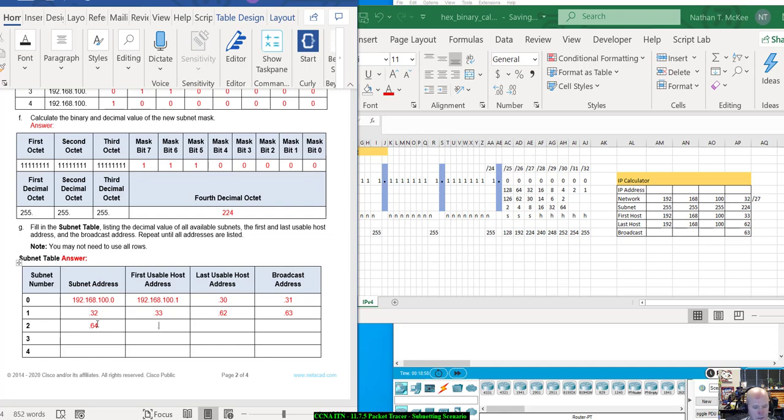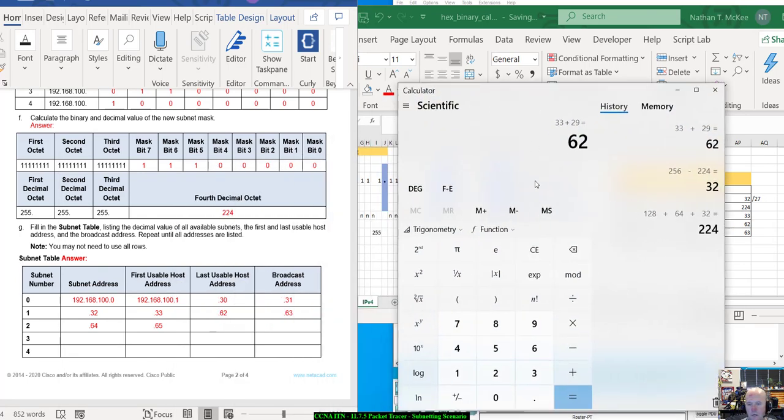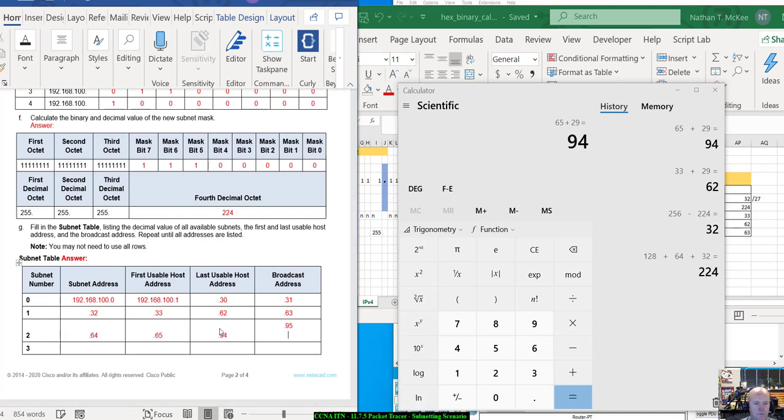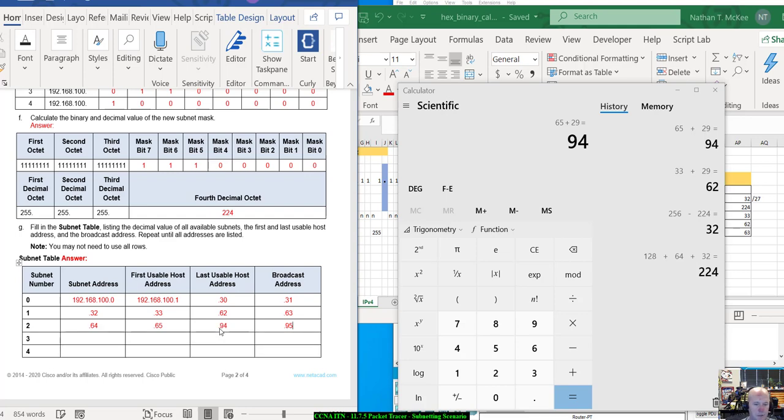Network address, then .65. 65 plus 29 more would be .94, .95 is the broadcast. .96, .97.